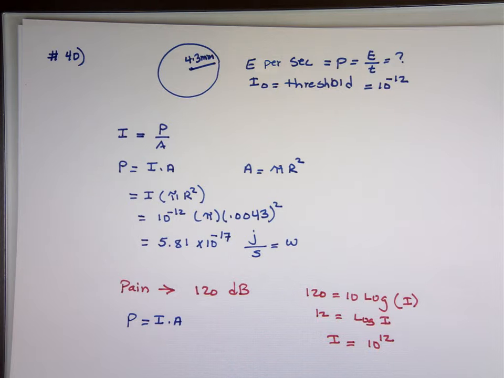So 10 to the power 12 is the value of I, and now you plug it in times the area.